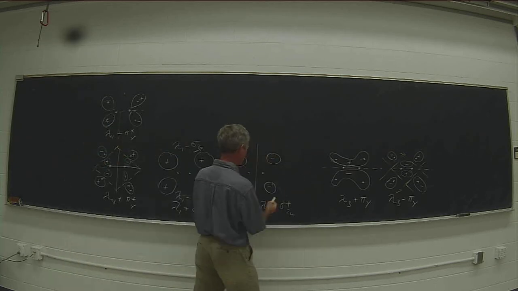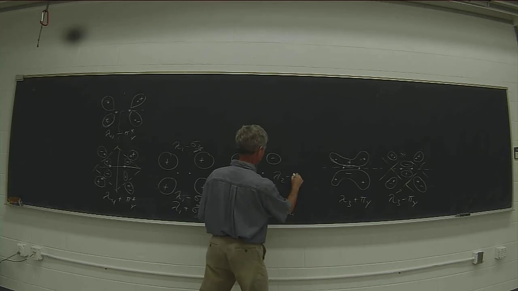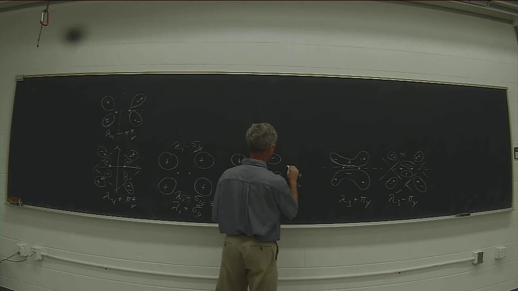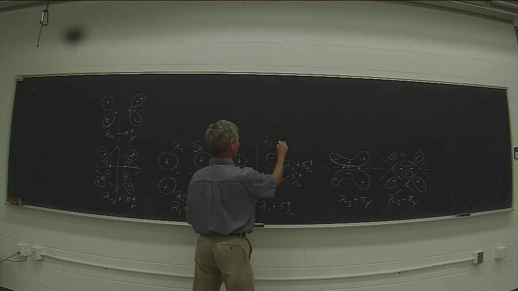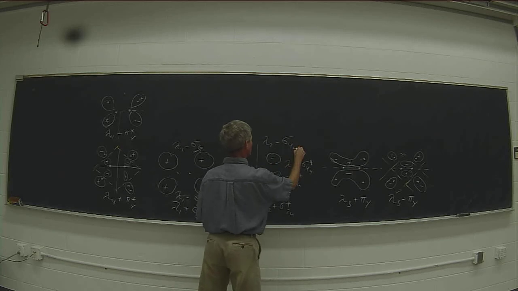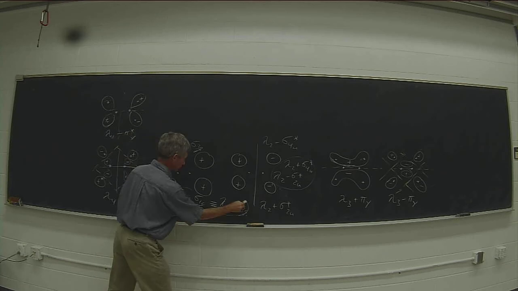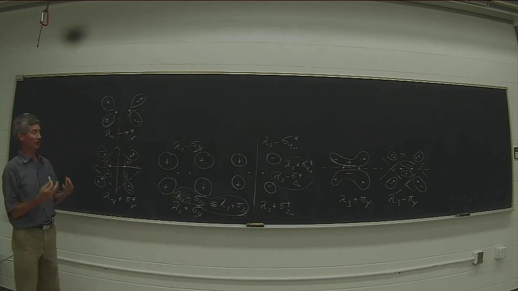We need to do lambda 2 minus sigma star 2u, which will turn out to be equivalent to lambda 2 plus sigma 4u. And then we need to do lambda 2 minus sigma 4u. Degenerate solution there, and there'll be a degenerate solution here that will result in the same overall shape and structure of the orbital.